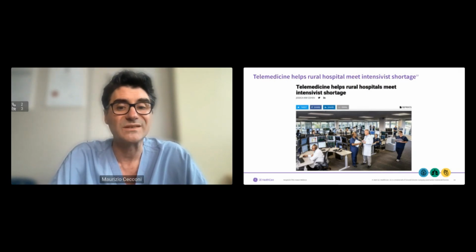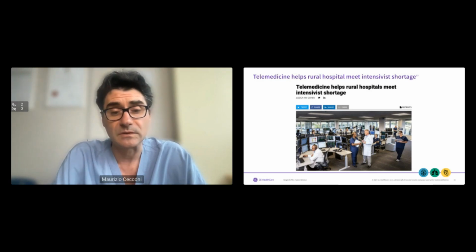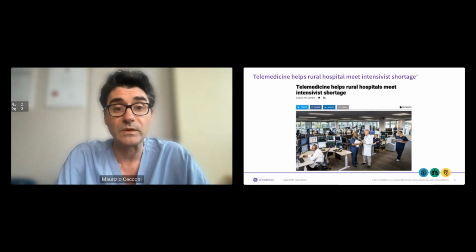When I consider telemedicine, I use a very large description, in the sense that to me telemedicine could be a system like this one in this picture, where you have a control room, where you can see patients from different areas of the hospital, maybe from different hospitals, and you can bring your expertise.